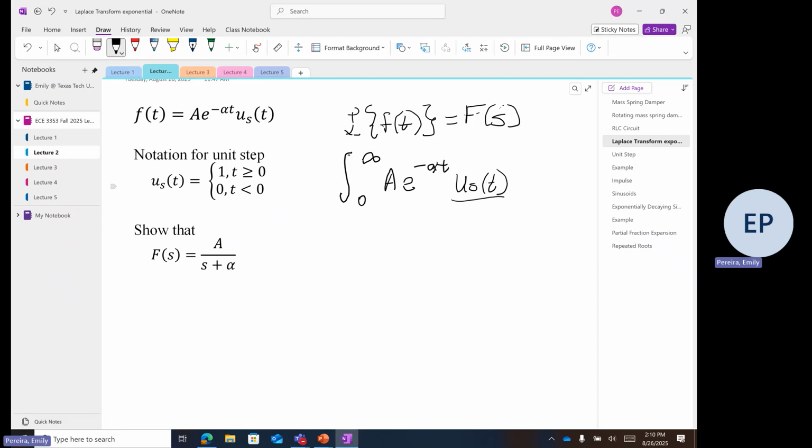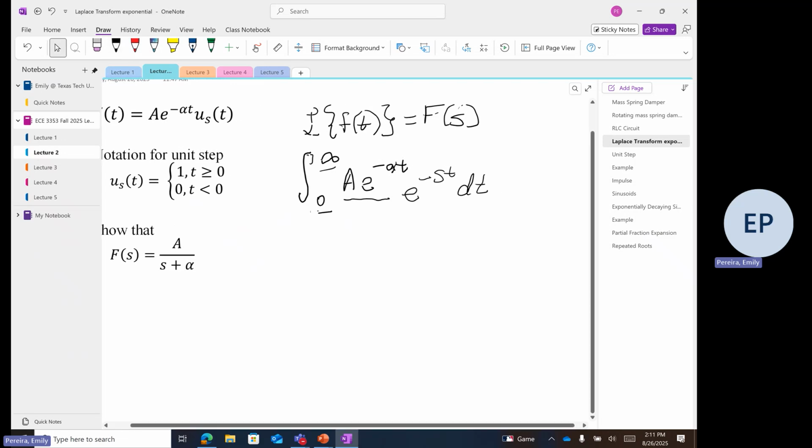And the unit step really is defining this bound from 0 to infinity, so we know that that's baked in to the integral. And this is being multiplied now by our e to the negative st dt. So this is applying the Laplace transform to this function here.